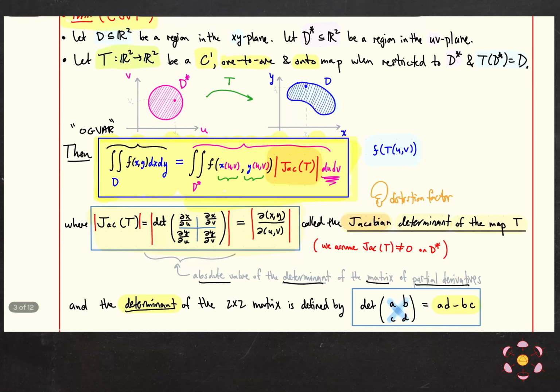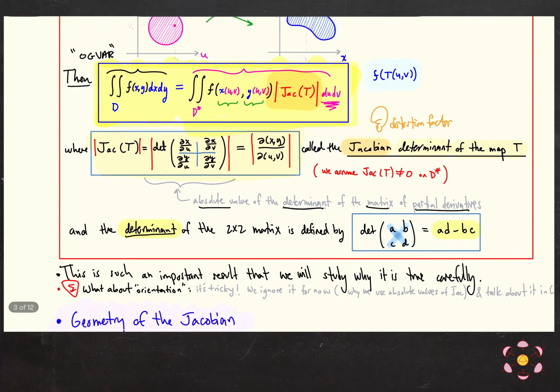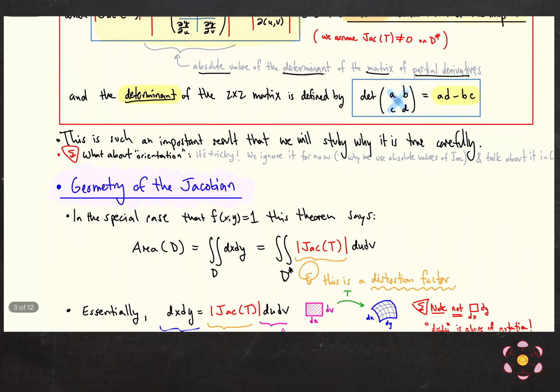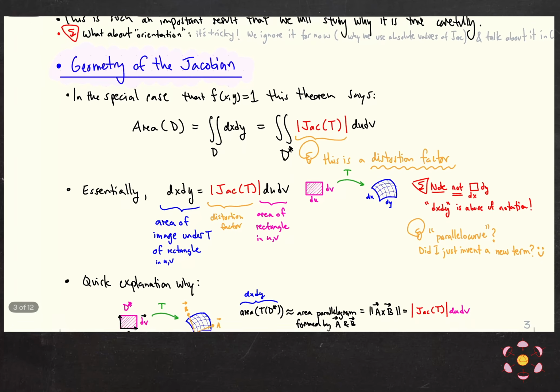Great. Just getting to this point is a fantastic accomplishment: you have seen the statement of the change of variables formula. For this first part, I am just going to give you a derivation of why that formula is true, and then I will come back in a second part.